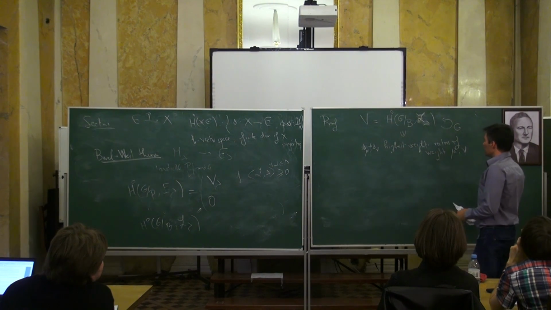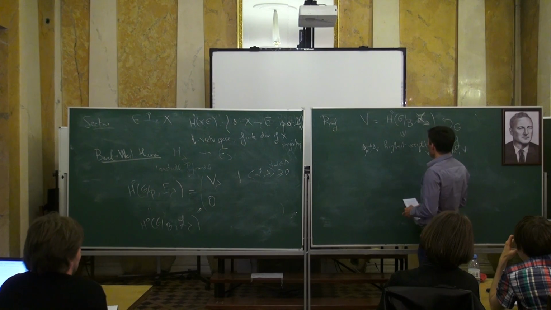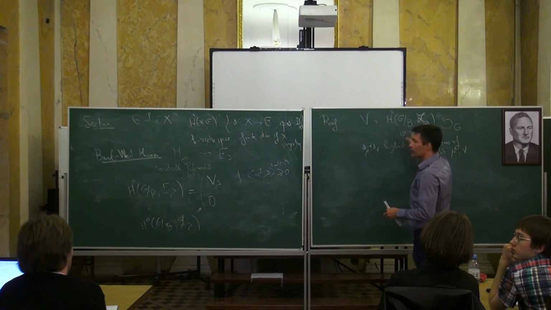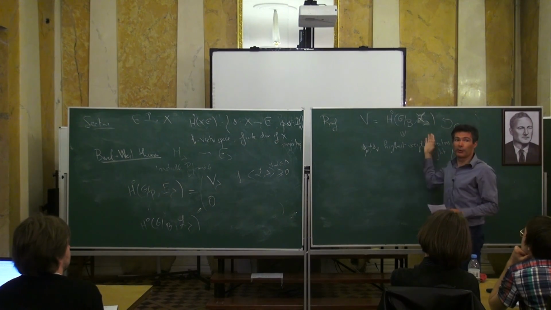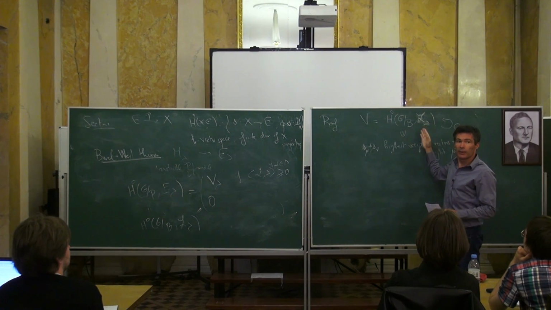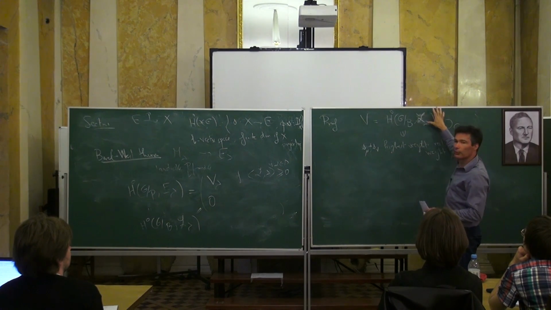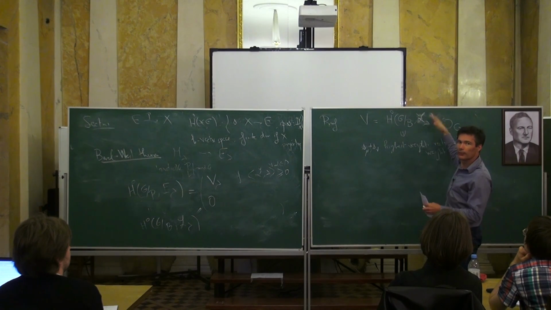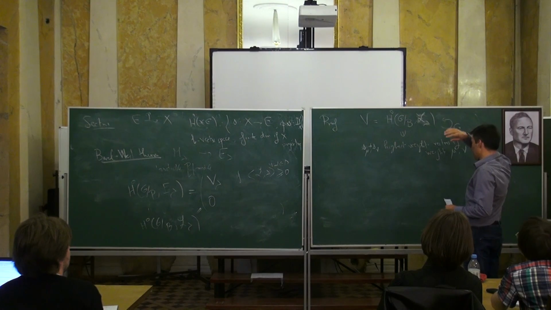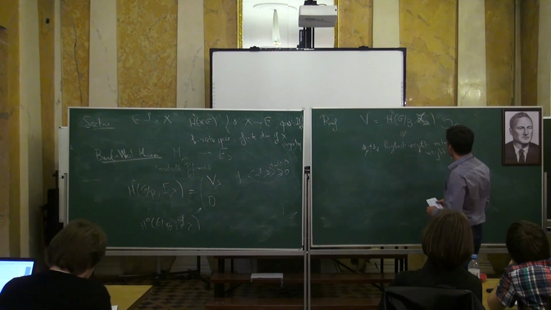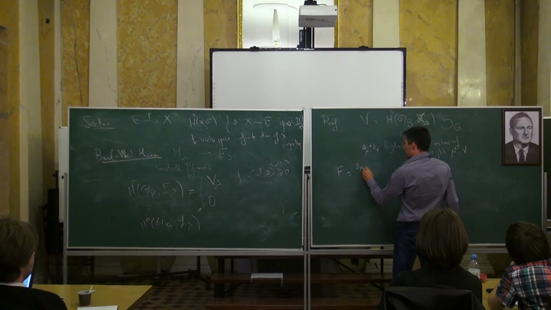Well, then you say that two sections of line bundles differ by a rational function. Over each point you have two elements in a one-dimensional vector space, and so they are multiples of each other up to a well-defined scalar. So you can consider the quotient S mu over S nu.